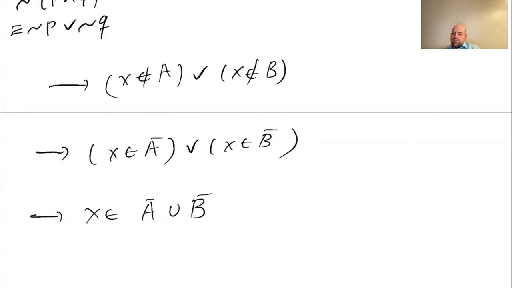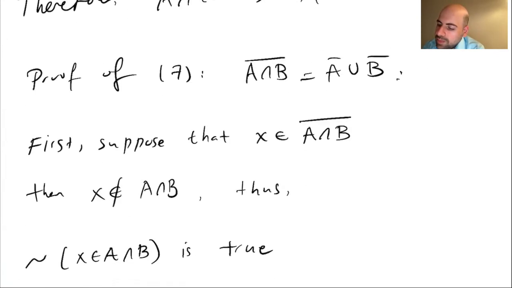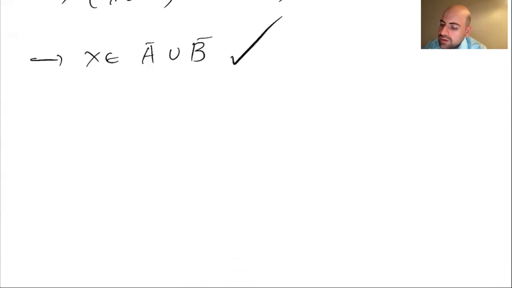By the definition of union, right? When can I say that X belongs to the union of two sets? If X belongs to the first set, or X belongs to the second set. So I started with X belongs to the left-hand side and showed that X belongs to the right-hand side. Now let's do the opposite.